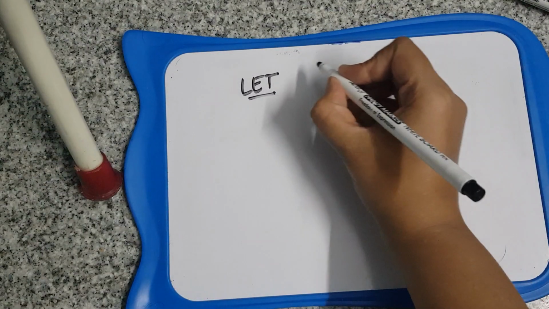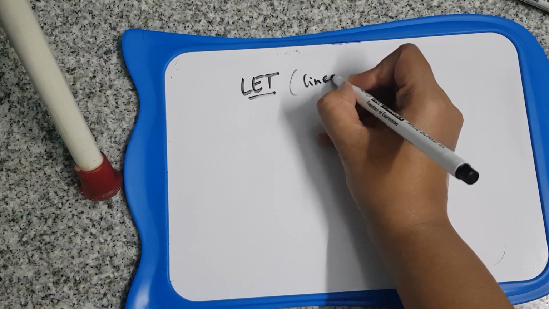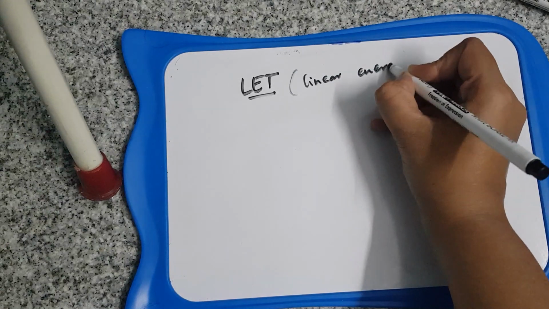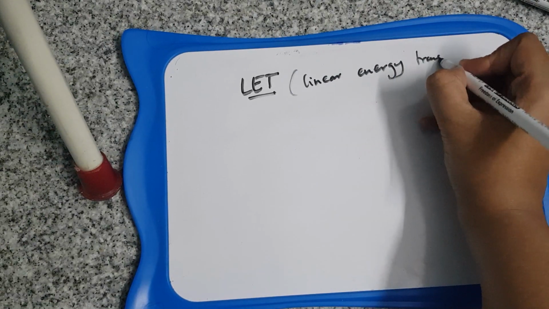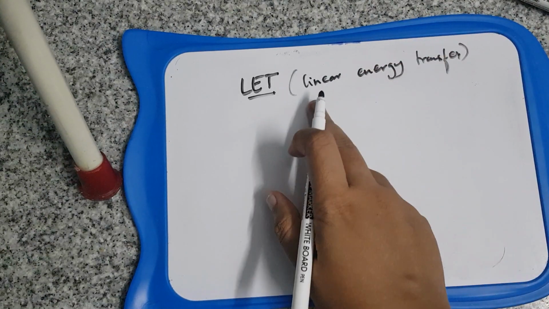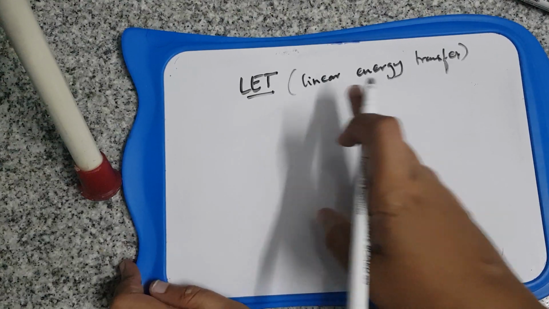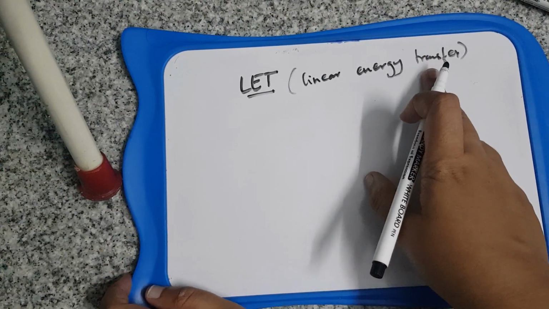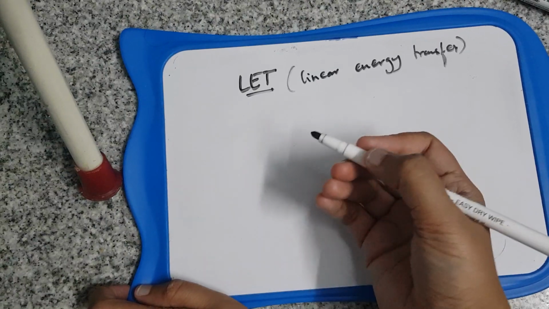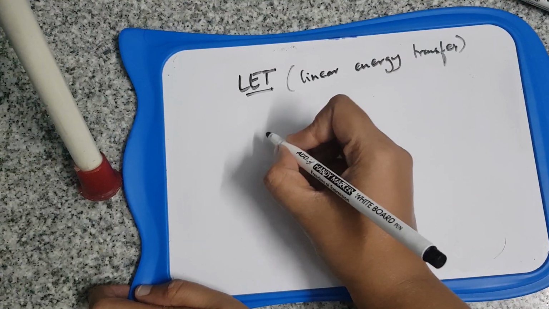Now what is LET? It is linear energy transfer. As the name suggests, it's on the linear axis and the energy transfer happening per unit length of track.